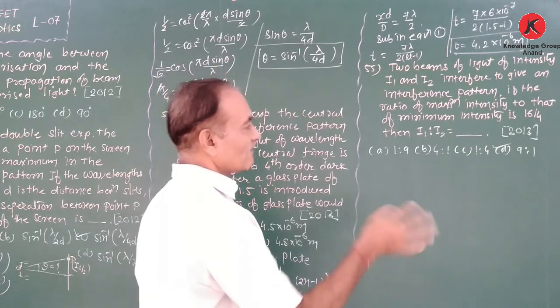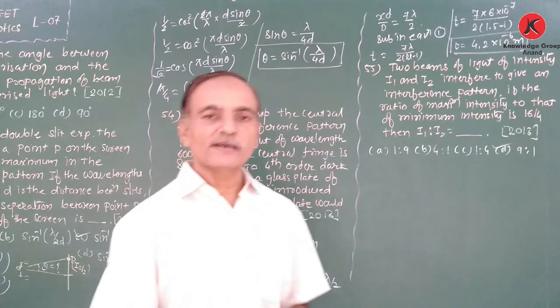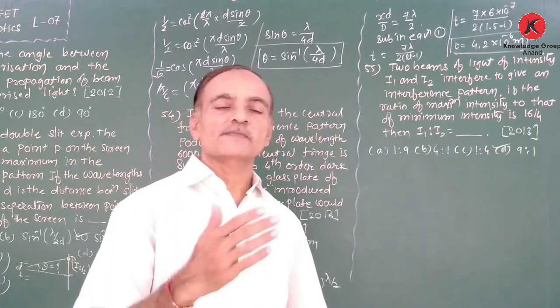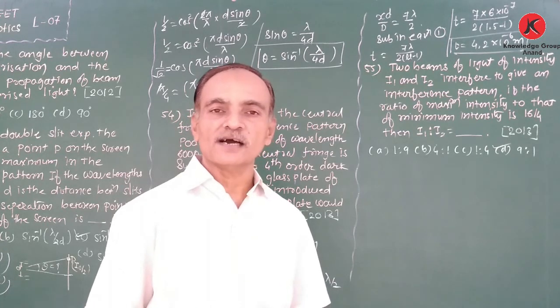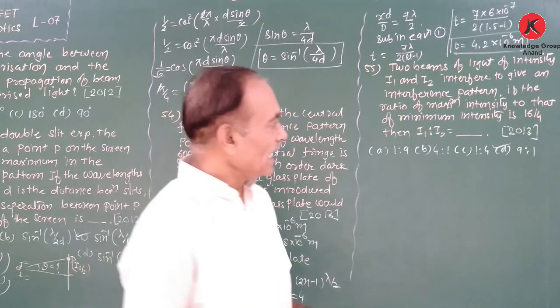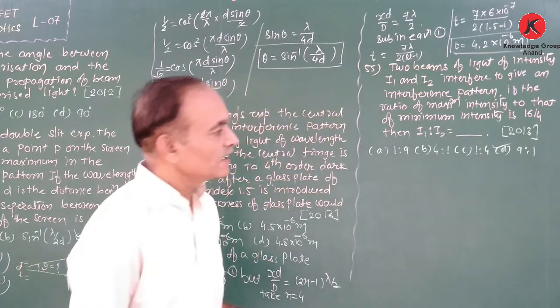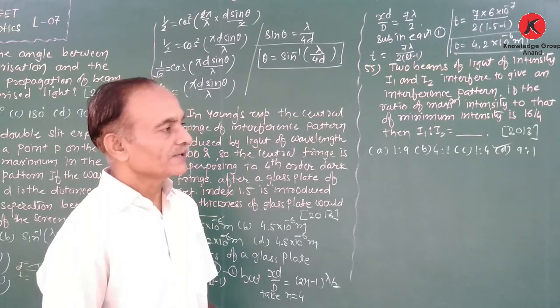Now listen, this is quite an easy question. Already we have calculated this type of numerical: at that time the ratio of I1 upon I2 is given and we have to find the ratio of I maximum to I minimum. But here the ratio of I maximum to I minimum is given.